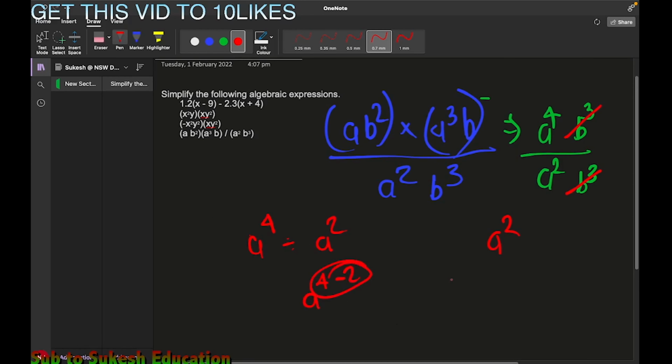That's one of the rules, so you can get a to the power of 2 that way too. So guys, that's my turn. Now let's move on to Arrad's.